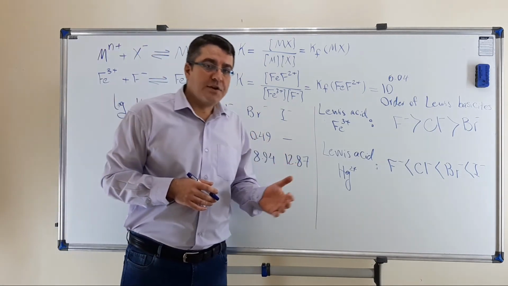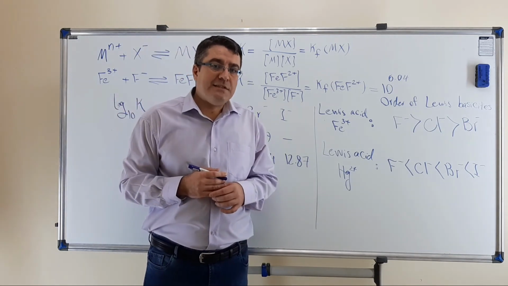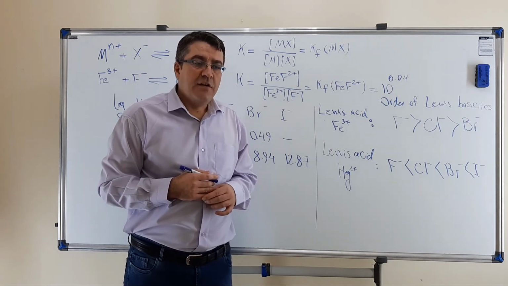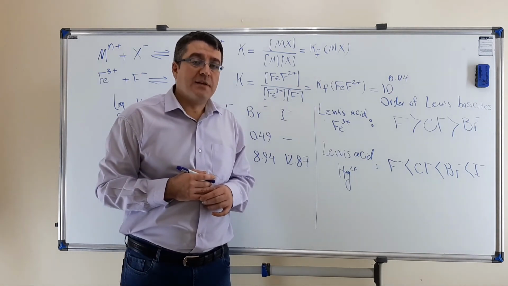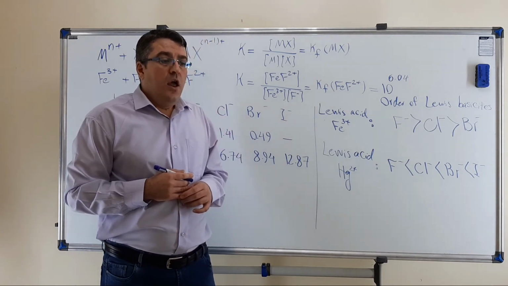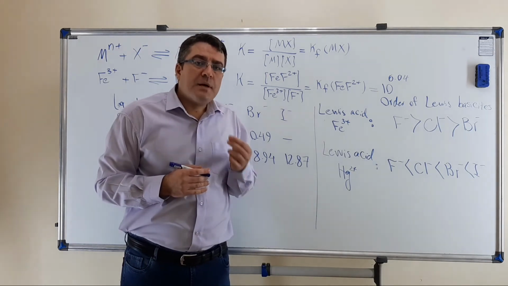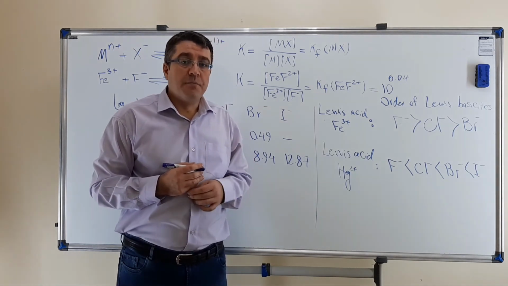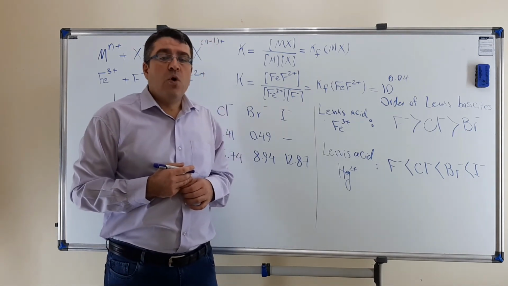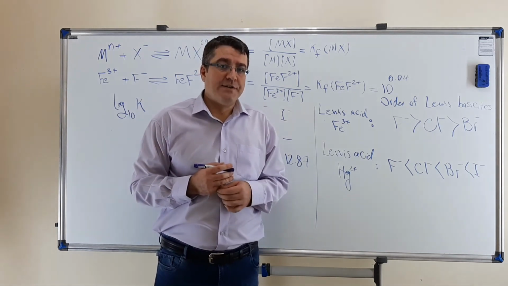This also has another consequence. To determine the order of acidity or basicity, for Lewis acid-base theory, we will need more parameters than for Brønsted-Lowry acid-base theory. For Brønsted-Lowry theory, one parameter will be sufficient to determine the order of Brønsted acidity or basicity. But for Lewis acid-base theory, we will need two parameters.